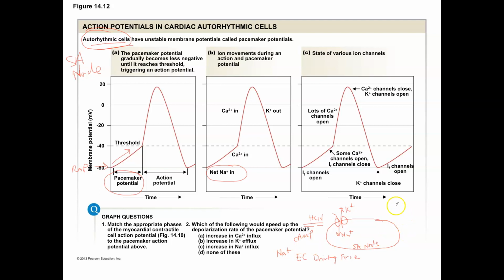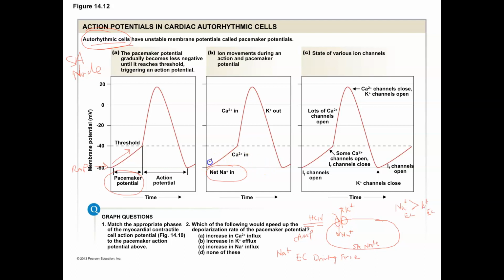So the electrochemical driving force is greater for sodium than it is for potassium. So even though both ions move through this channel, there's more sodium coming in than potassium going out.